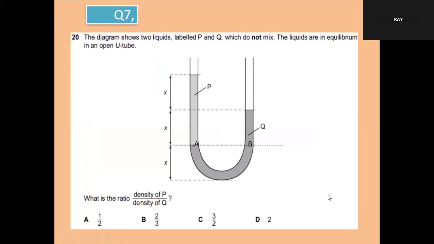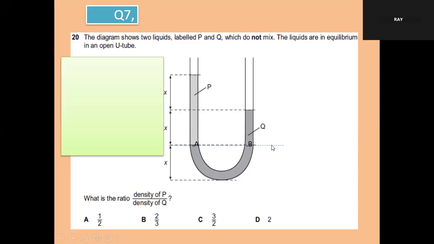Take the reference level where the two liquids separate.